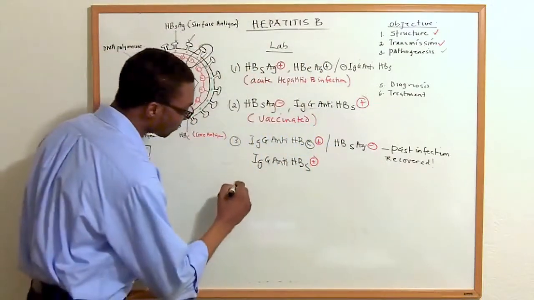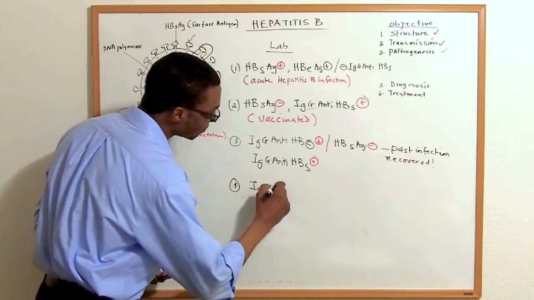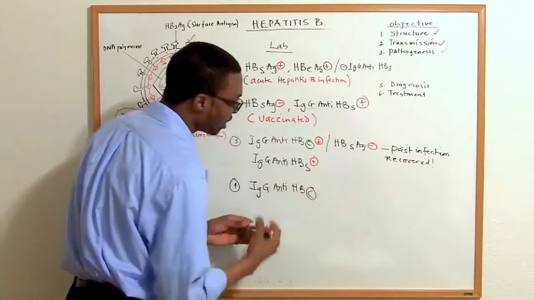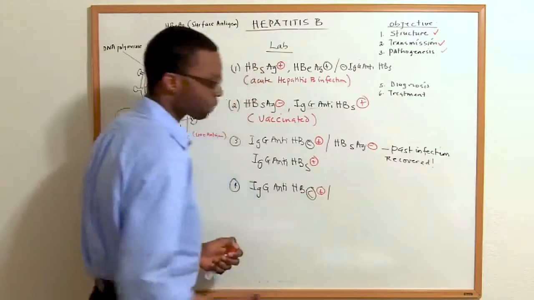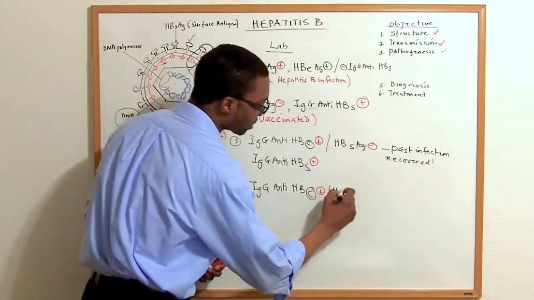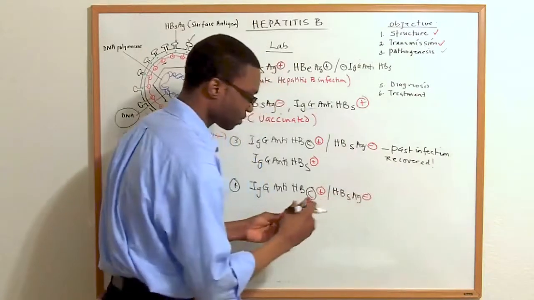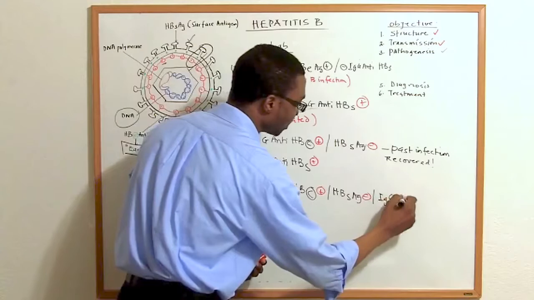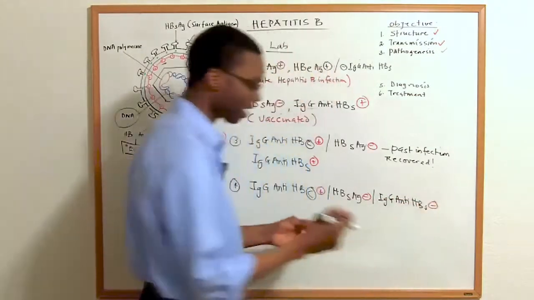How about if you get an IgG anti-hepatitis B core that was positive, you check the surface antigen and it was negative, and we check the antibody against the surface antigen and it was negative?